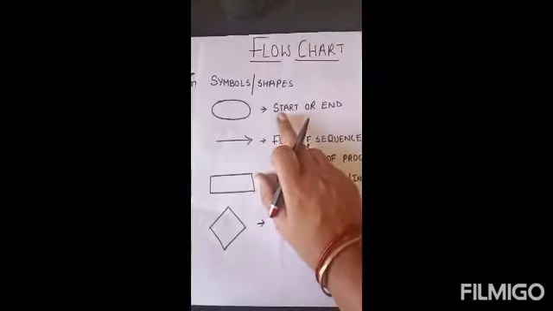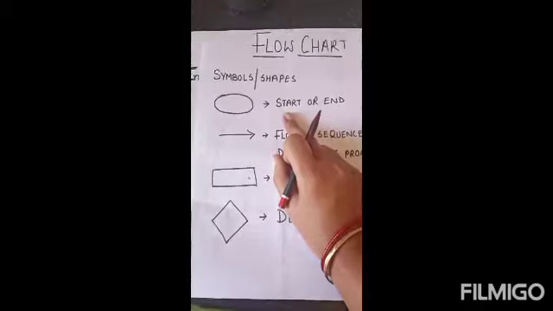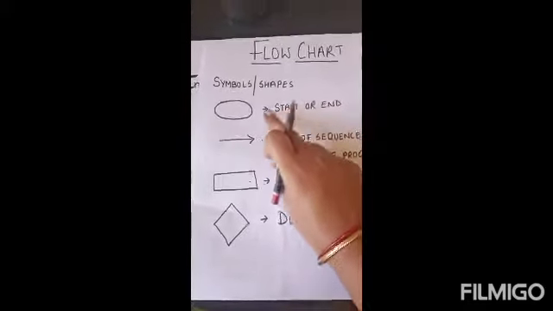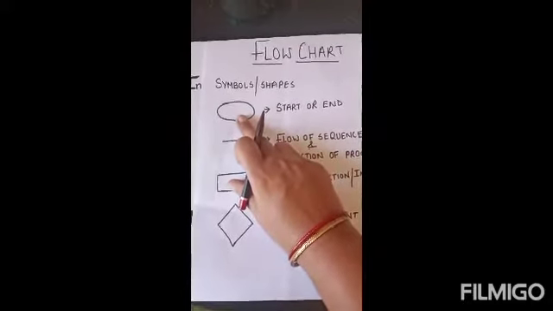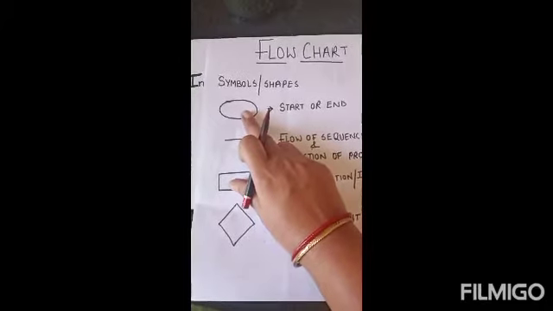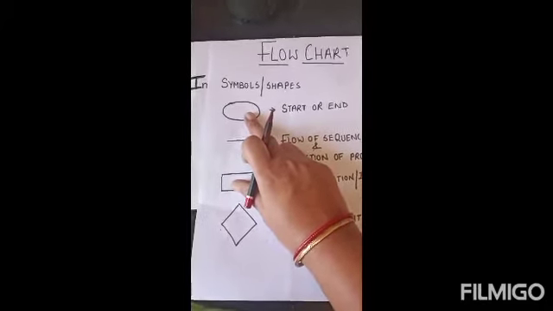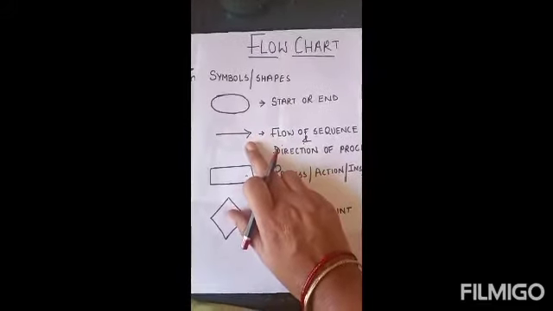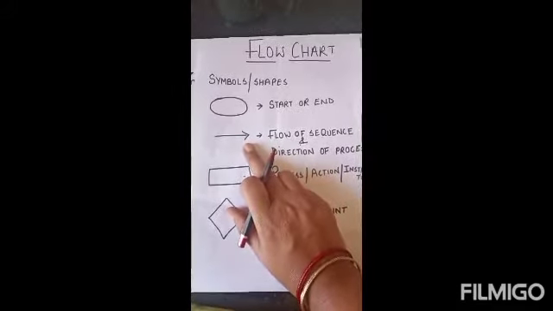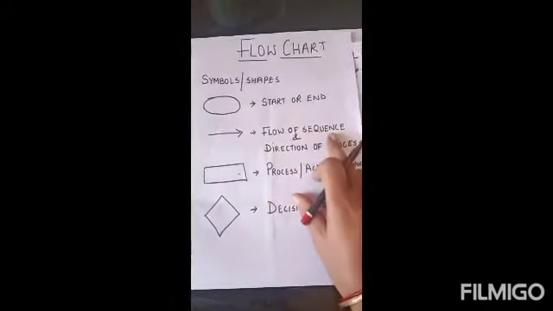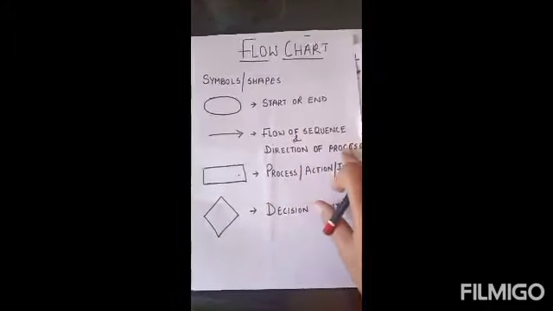Whenever you start drawing a flowchart, the first is the start. If you see this symbol, that means the flowchart has started from here. Then there will always be an arrow, which tells you the sequence of the flowchart, the flow of sequence or direction of the process.